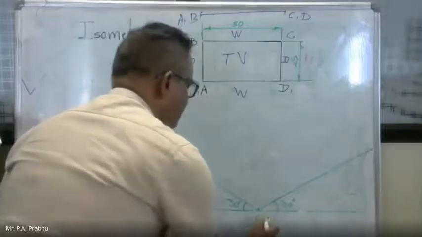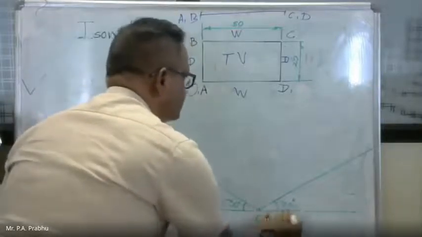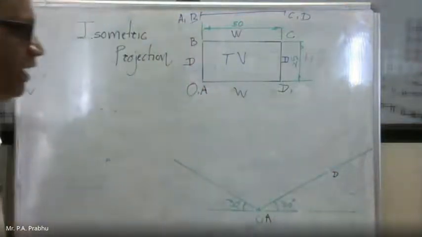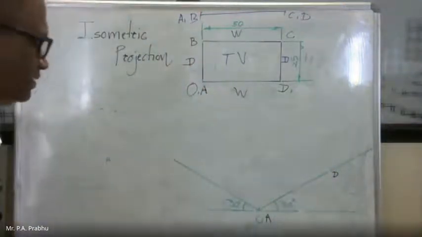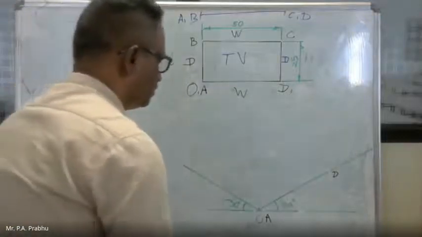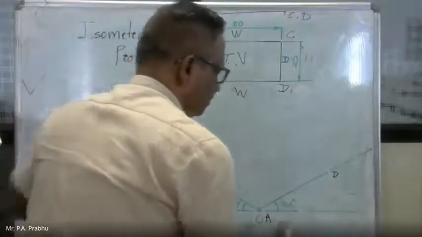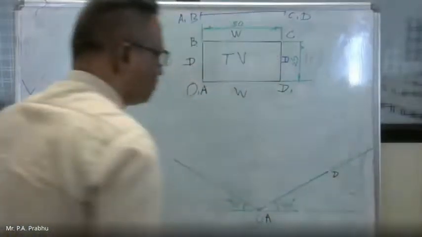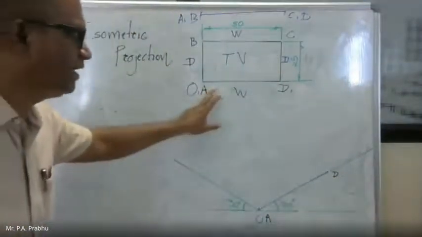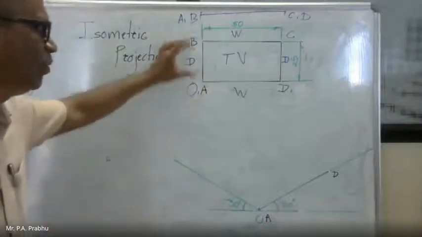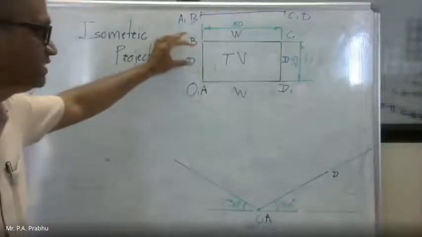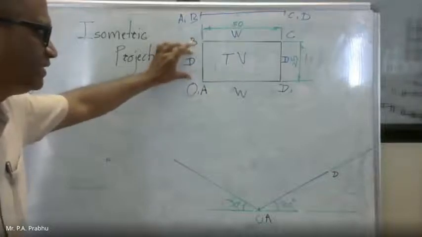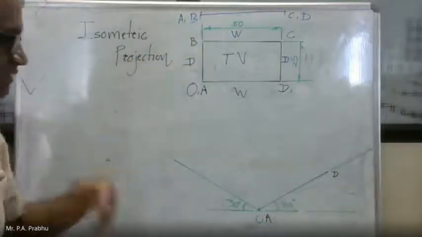So this point is now A, this point is now D. I have marked the width AD. What about this dimension? Remember, this is the depth. This is not a vertical height dimension, so it must be inclined at 30 degrees.